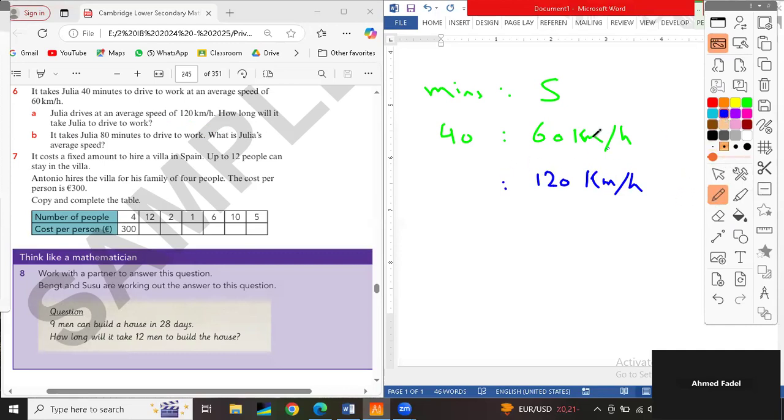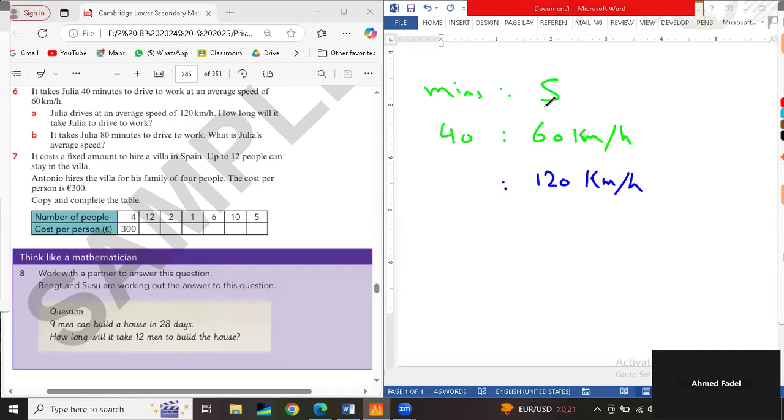Well, you need to relate this to real life situations. If you drive faster, will the duration be less or more? Just imagine if you're driving only 60 kilometers per hour, but then you change to 120 kilometers per hour. Will the duration become less or more?